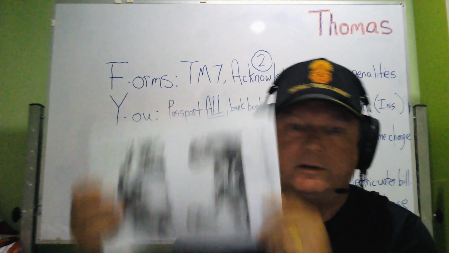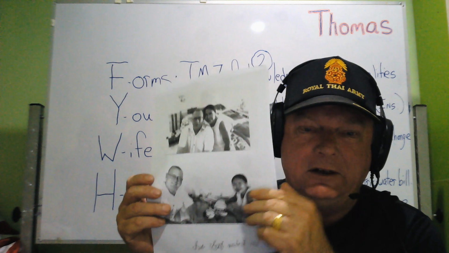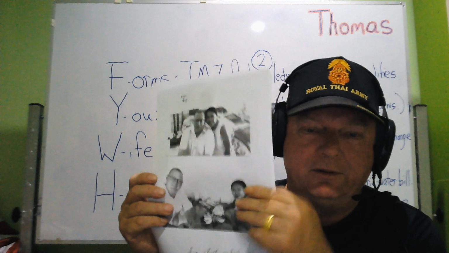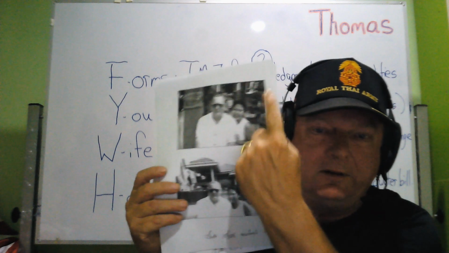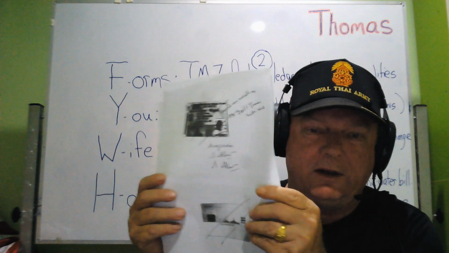Let's see, what's next? Oh, photos of you and your wife at the house. So you have the bedroom, the dining room, and the outdoors. You can see the address in the background, and then the full house in the background. So you definitely have to have that.